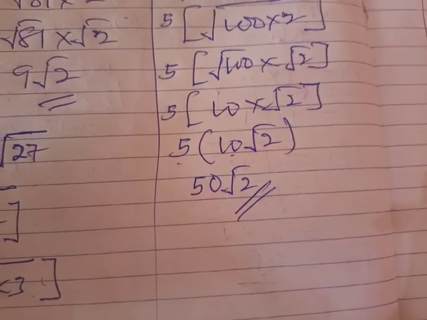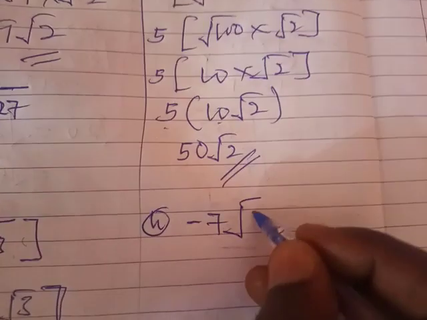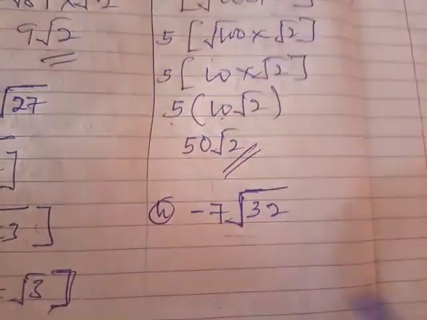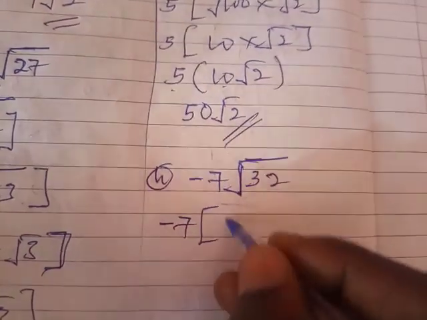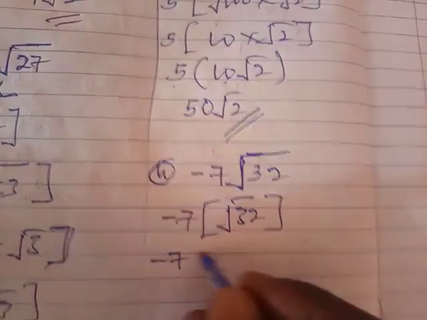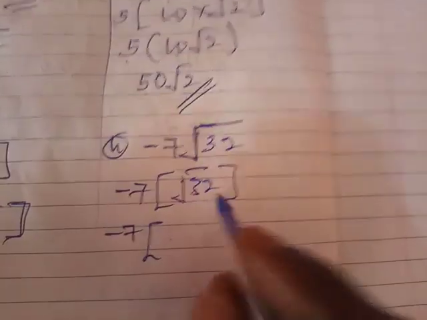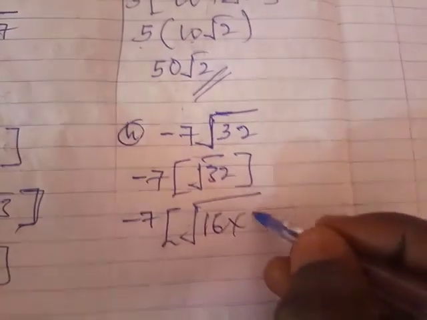The next thing we are going to consider is, let's say, negative 7 root of 32. So we have negative 7 here and root of 32. Negative 7 still stands outside, and root of 32 can be 16 times 2.